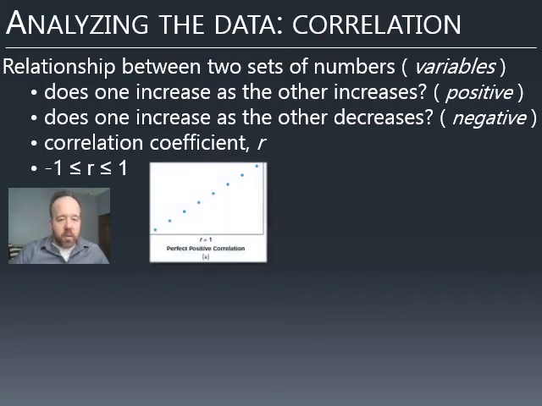So some examples. This is a really strong, in fact it's perfect, positive correlation. So here what we have is one variable plotted on the x-axis, the other variable plotted on the y-axis, and we can see how they vary with one another. So in this case, if one variable goes up, the other variable goes up too.